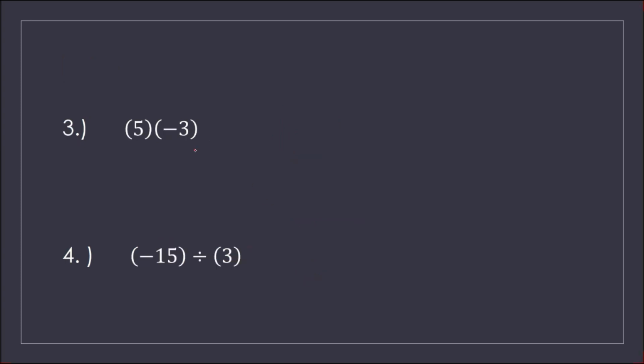Let's continue. Here, positive 5 multiplied by a negative 3. As you can see, they have different signs. Therefore, your answer would be negative 15. Okay? Next, we have here negative 15 divided by positive 3.